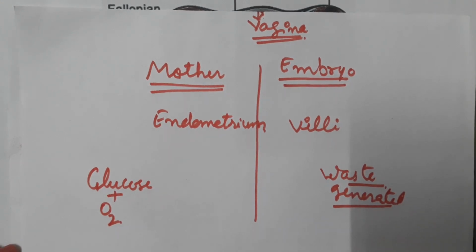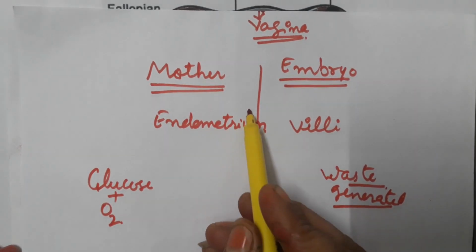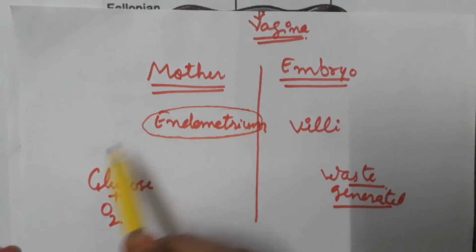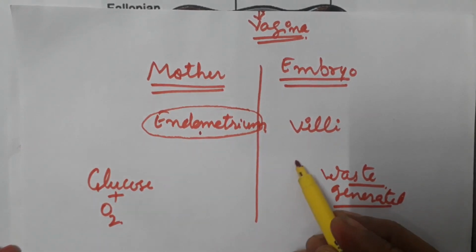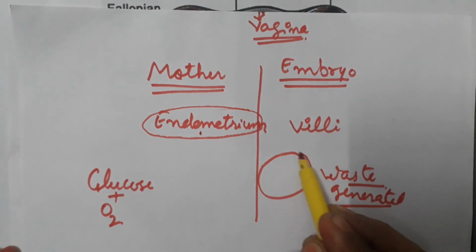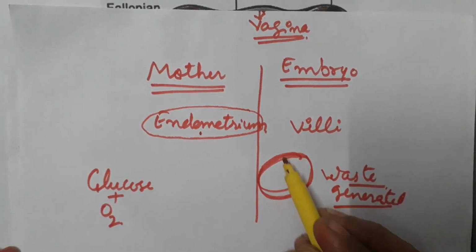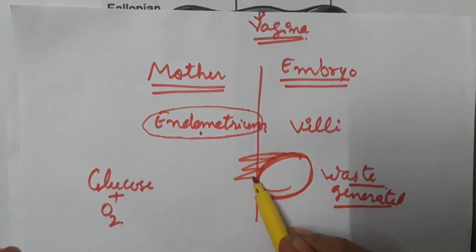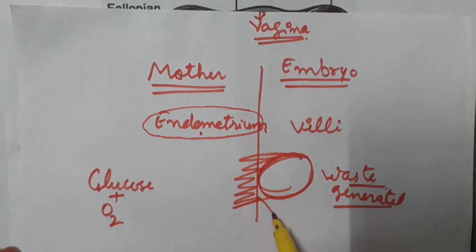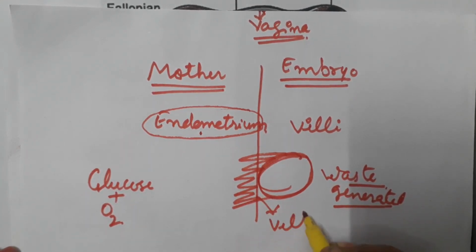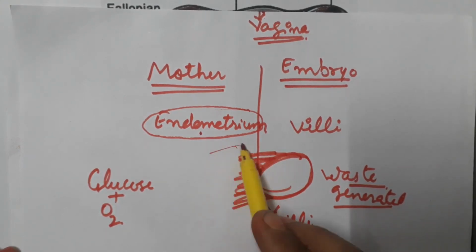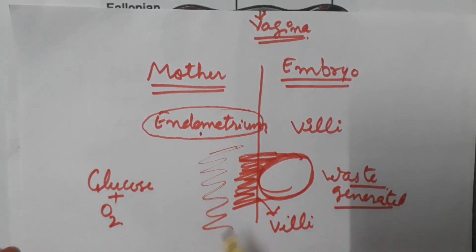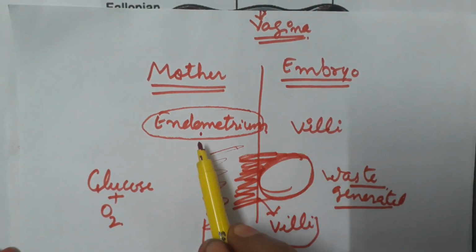How is placenta formed? Placenta is formed between the inner lining of the uterus, that is called endometrium, and the embryonal side. From the outer surface of the embryo, finger-like projections start developing, which are known as the villi. These villi start embedding into the endometrium, and a vascular connection is developed between the embryo side and the mother side.